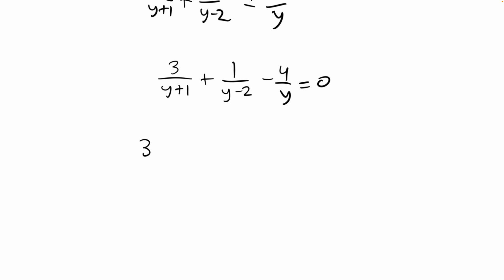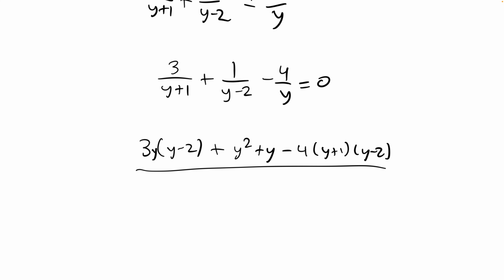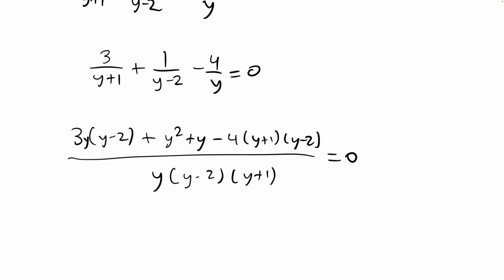So we get 3 times y plus 1 times y minus 2 times y, plus y squared plus y, and we subtract 4 times y plus 1 times y minus 2, all of this divided by y times y minus 2 times y plus 1, equivalent to 0.